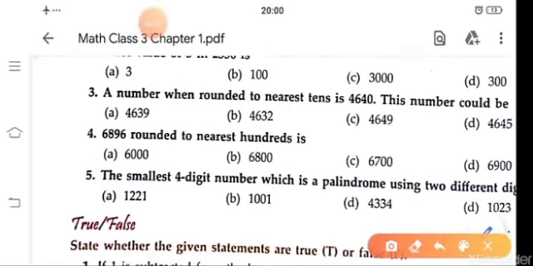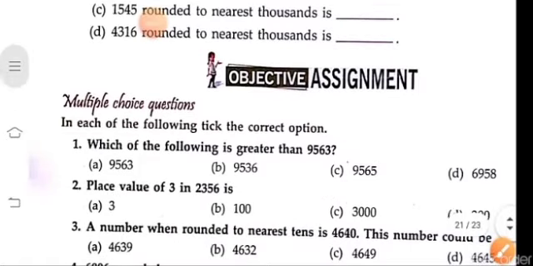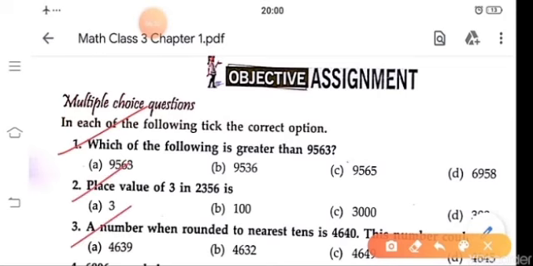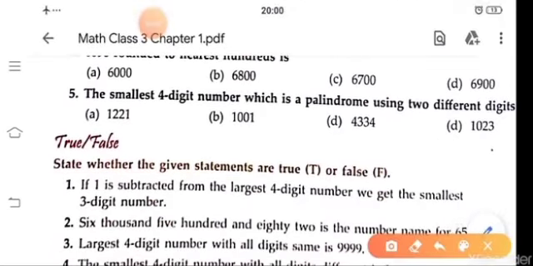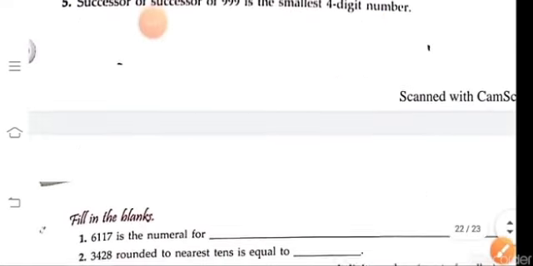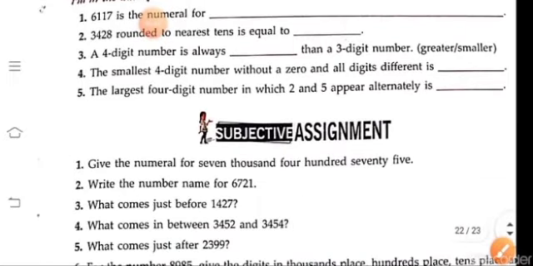So do every exercise, every question, in your copy. True and false, every question. Fill in the blanks. Do all the exercises in your copy children.